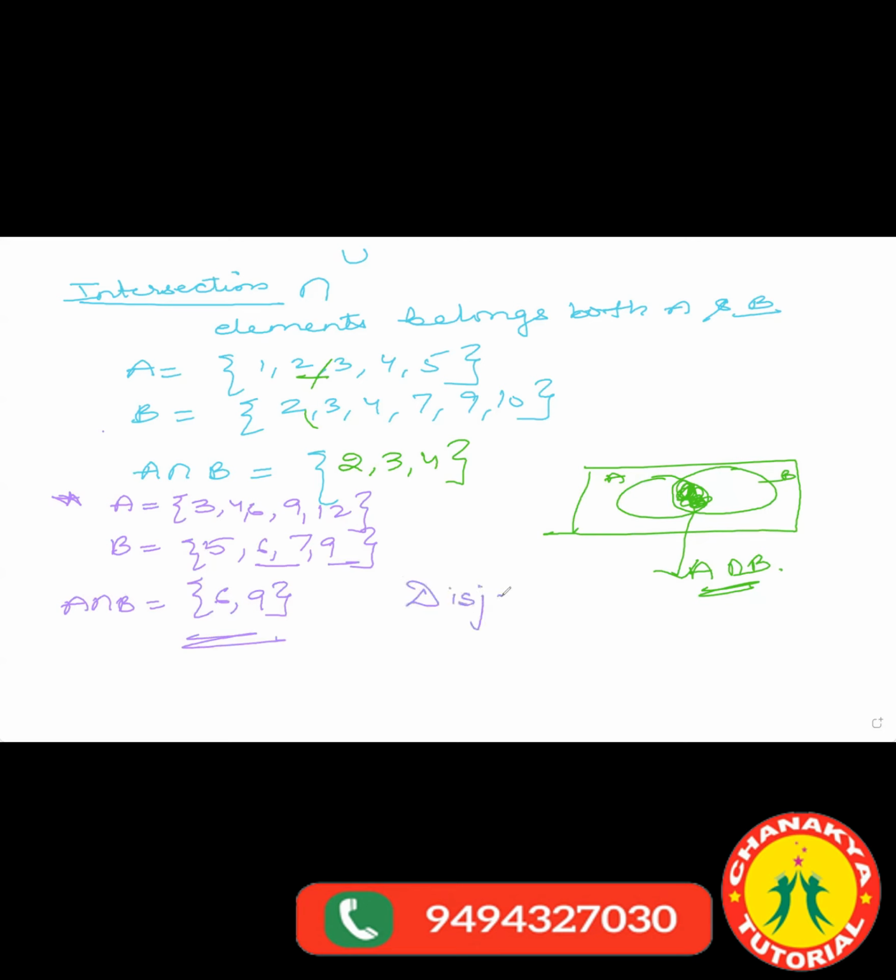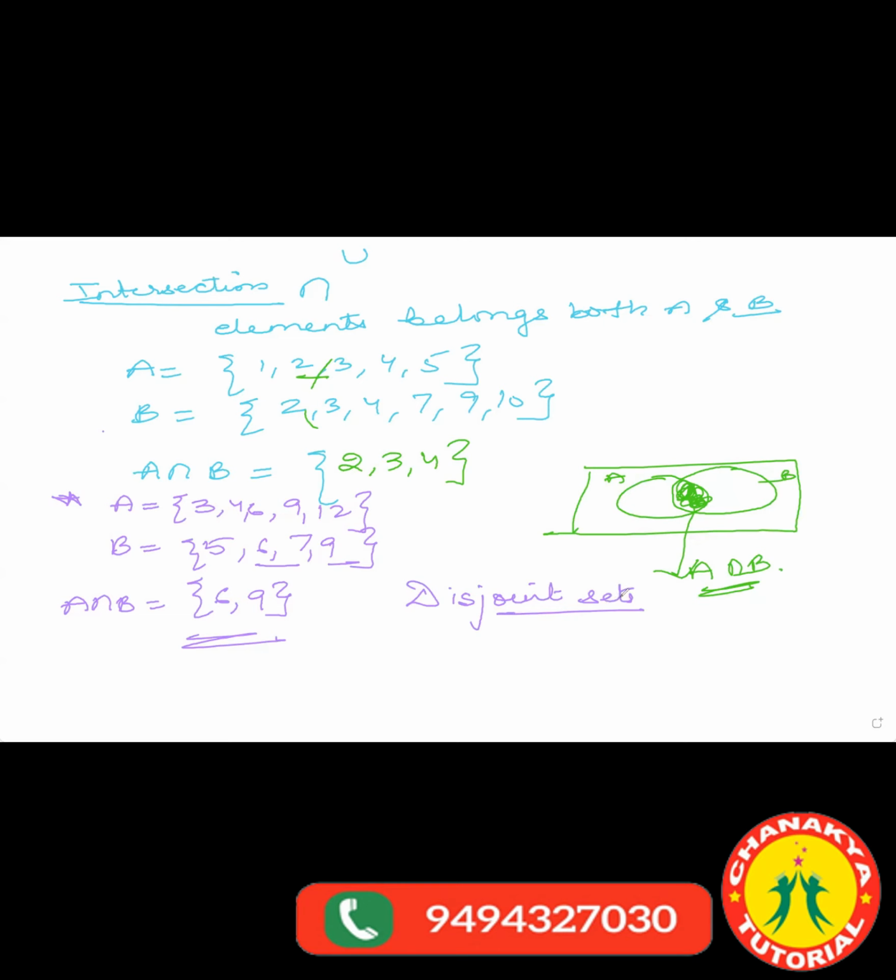Now a word comes, disjoint sets. So what do you mean by disjoint sets? Disjoint means where nothing is common. Clear?